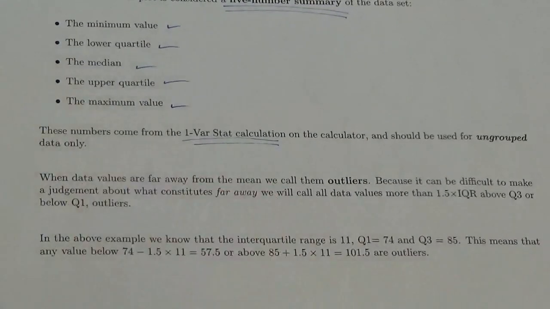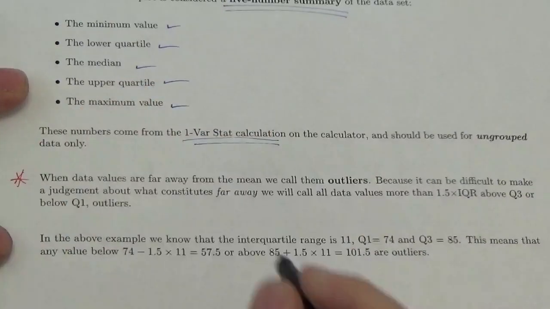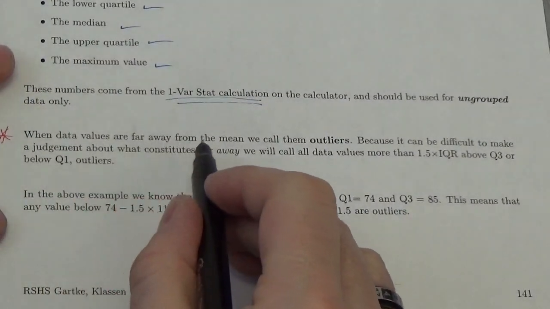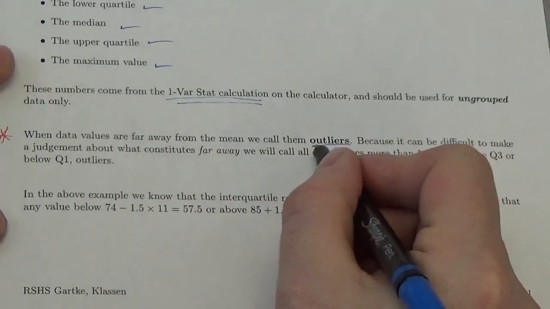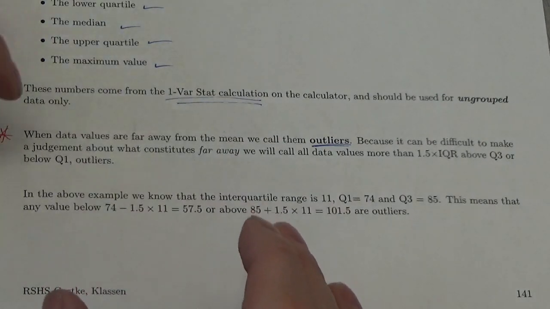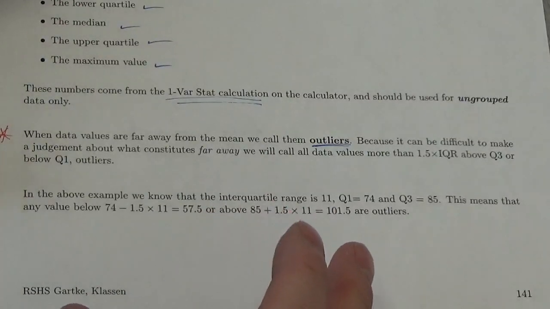Now, before we take a look at actually using the calculator here, here's a bit of information that you need to know. When data values are far away from the mean, we call them outliers. So every once in a while you'll have a set of data, and then there will be a data value in there that's really out of whack with the rest of the data.